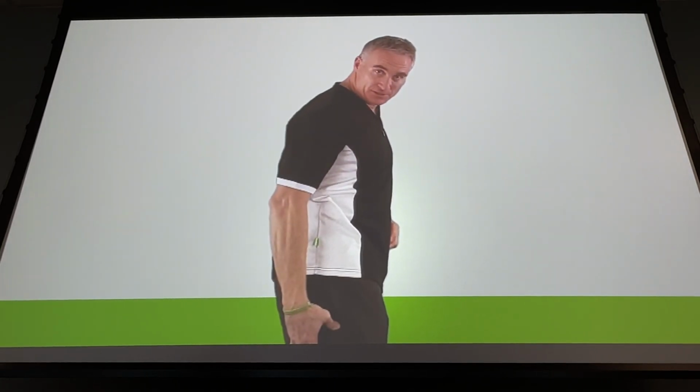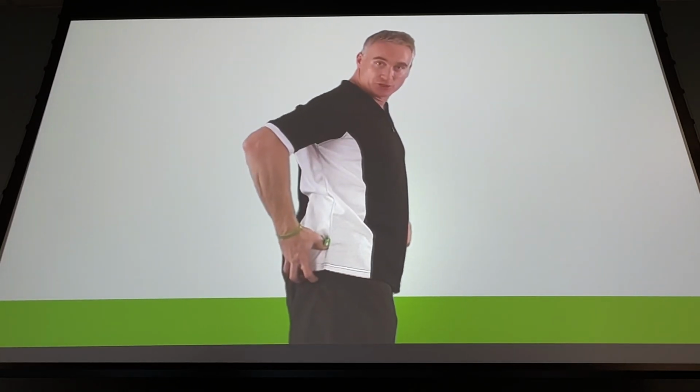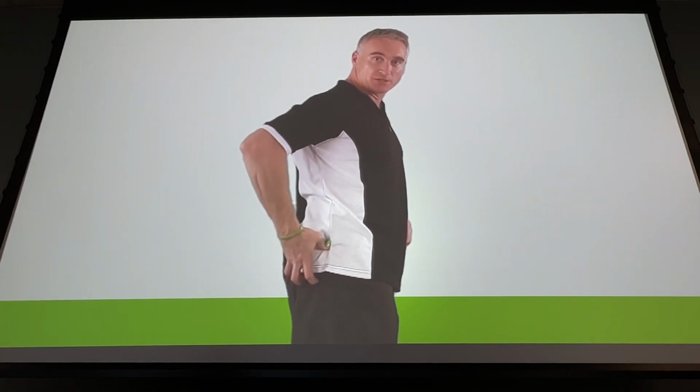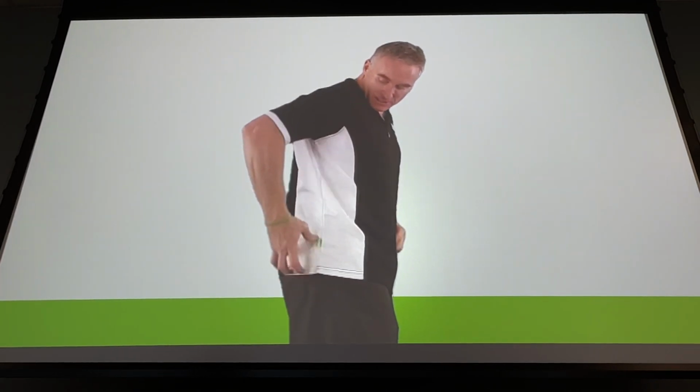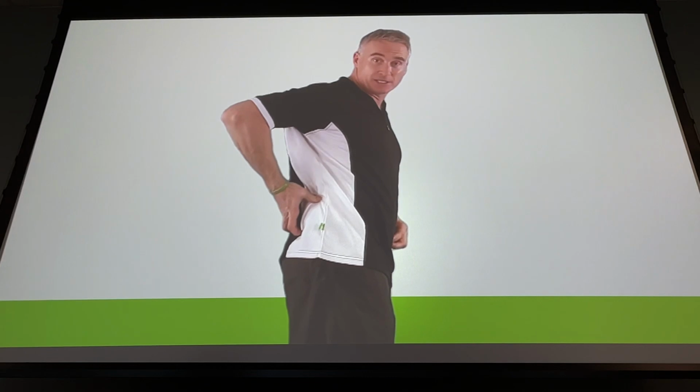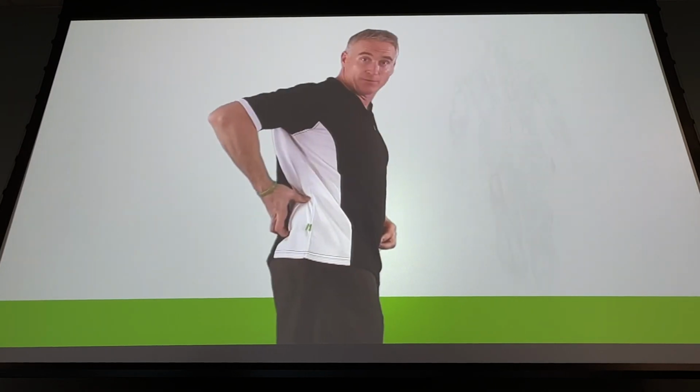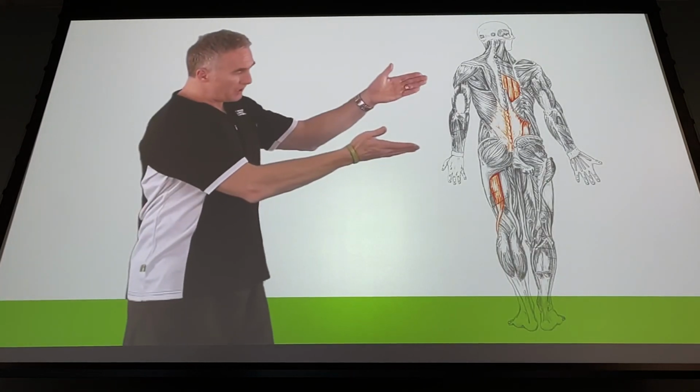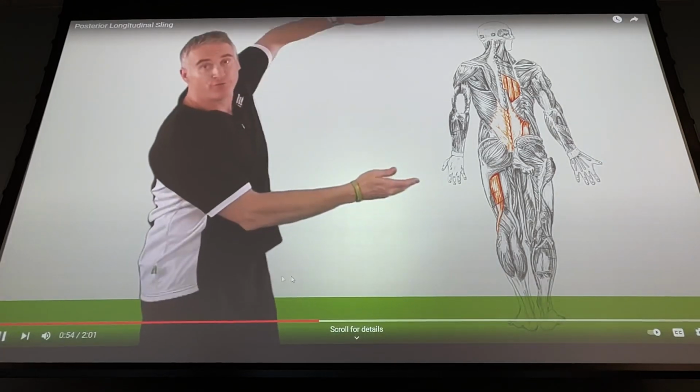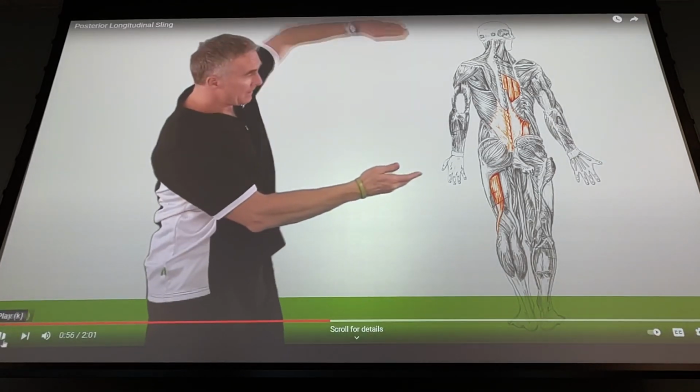So the biceps femoris into the sacrotuberous ligament of the pelvis, a big, strong, powerful ligament, then attaches into the erector spinae and thoracolumbar fascia. So we see on our diagram here, the thoracolumbar fascia.